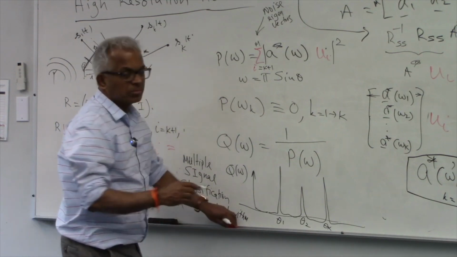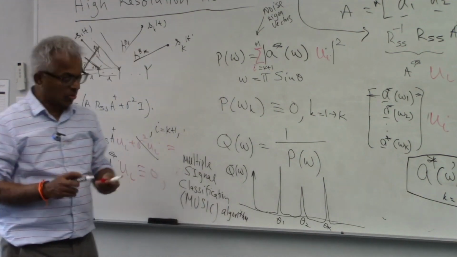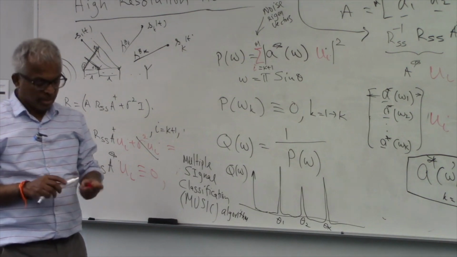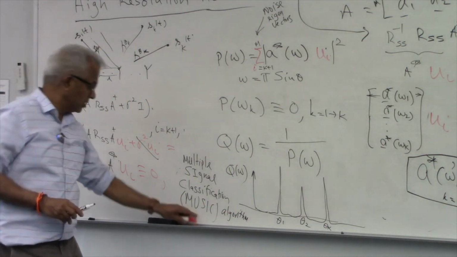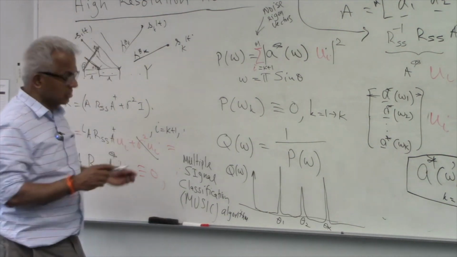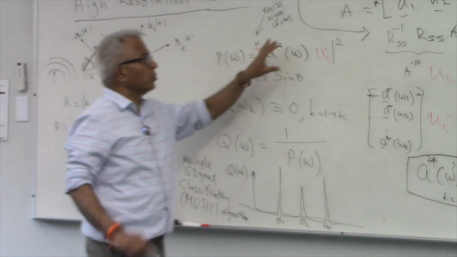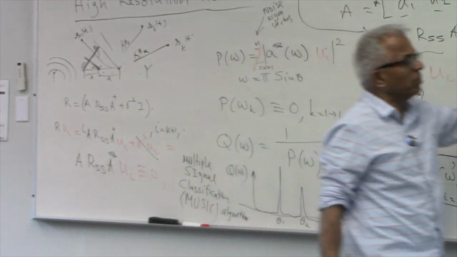There are several variations of this algorithm called root MUSIC, and then you can do the statistical analysis, etc. But at least in the main case, you can see this argument will also go through in the other cases too.